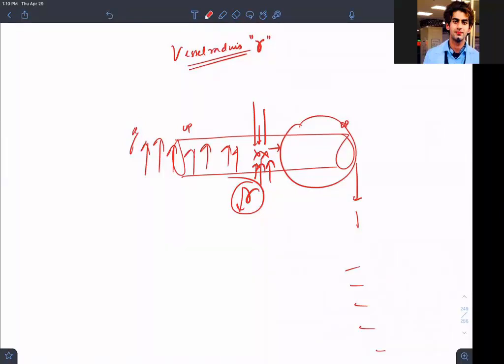If I decrease the resistance at this point, upstream pressure will go down, downstream pressure will go up, guys. Is it clear? Downstream pressure will go up, but only if I am decreasing the resistance.